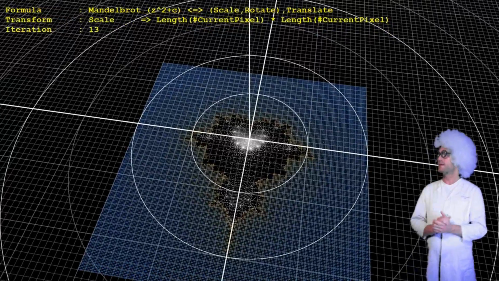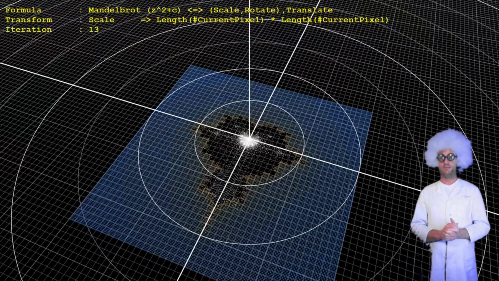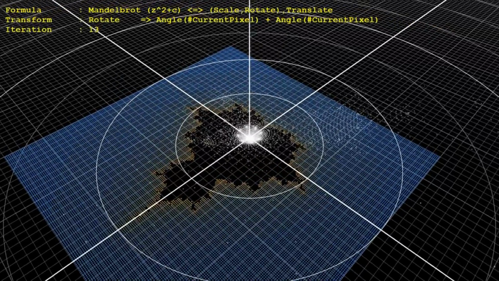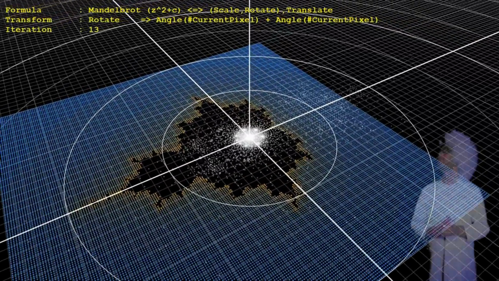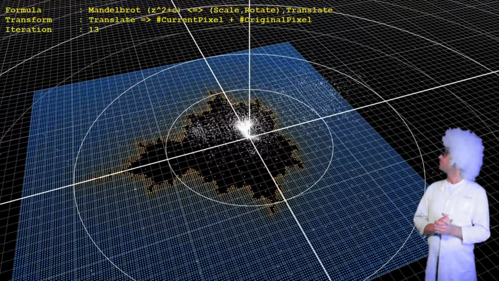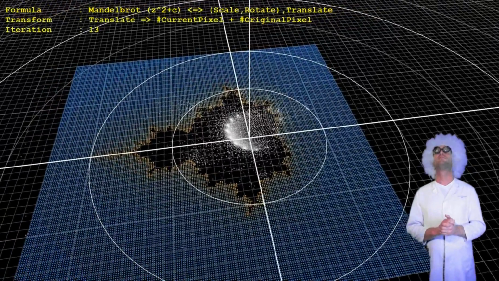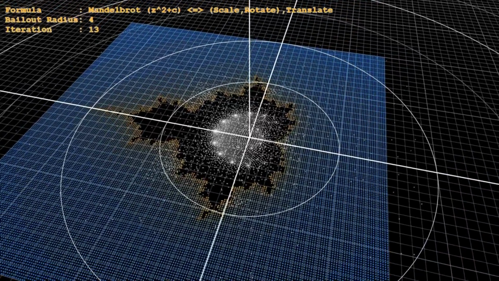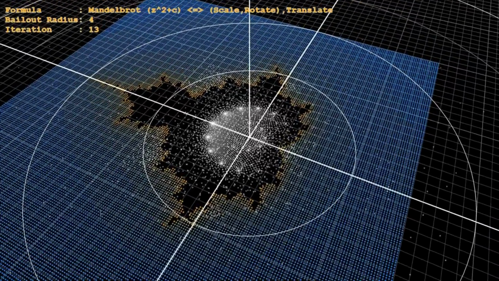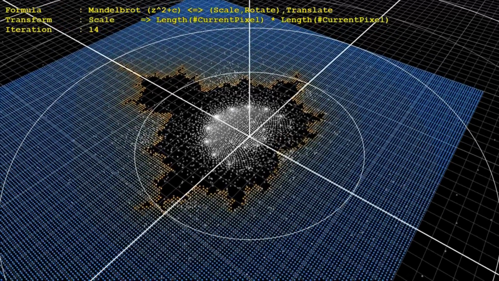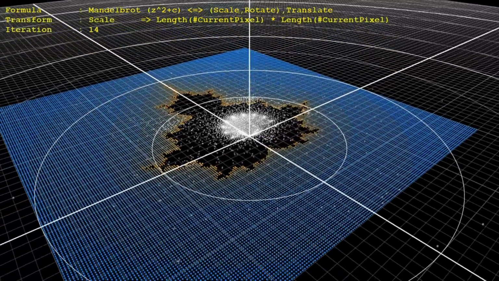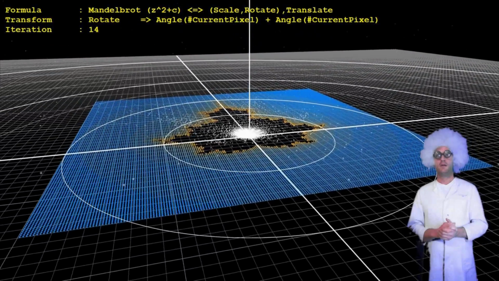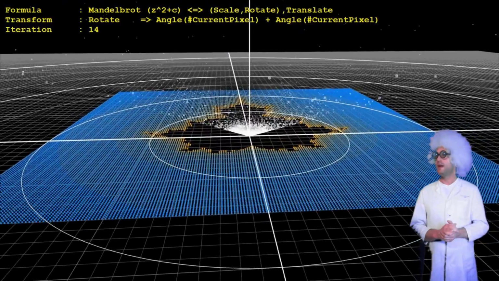Points with exact distance 1 do not move at all. The rotation doubles the angle.